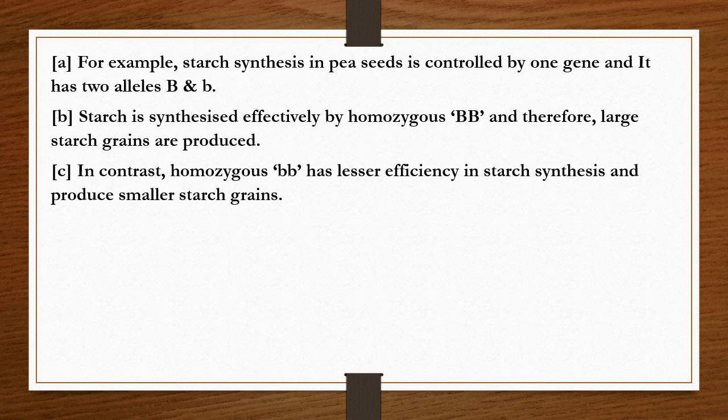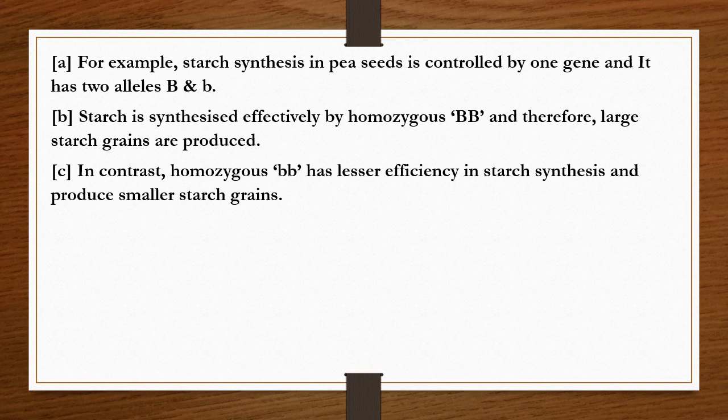In contrast, homozygous small b has lesser efficiency in starch synthesis. So starch is synthesized less when homozygous small b is present. So due to the presence of less starch, the grains are small in size. So please remember that homozygous capital B gives more starch, as a result large in size.